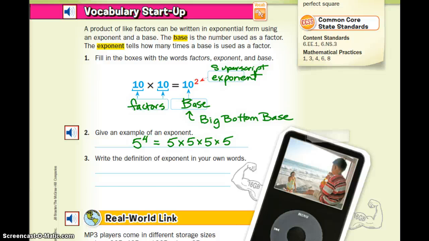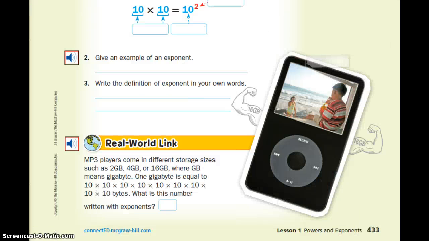Alright, let's look at the real world problem. MP3 players come in different storage sizes, such as 2 gigabytes, 4 gigabytes, 16 gigabytes, where a gigabyte, or GB, means gigabyte. 1 gigabyte is equivalent to 10 times 10 times 10 times 10 times 10 times 10 times 10 times 10 times 10 bytes.